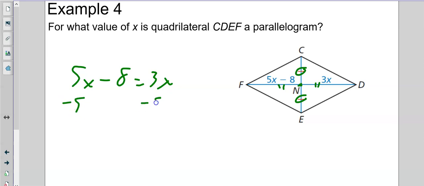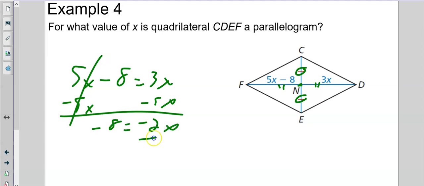Now in this case, I'm just going to subtract 5x from both sides, which gives me negative 8 equals negative 2x. But then when I divide, I get rid of the negative. X is 4. Okay? And if I want to test this and plug it in, 4 times 3 is 12. 4 times 5 is 20, minus 8 is 12. It works out.